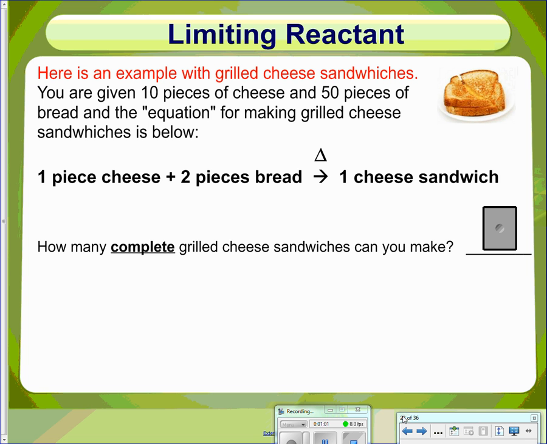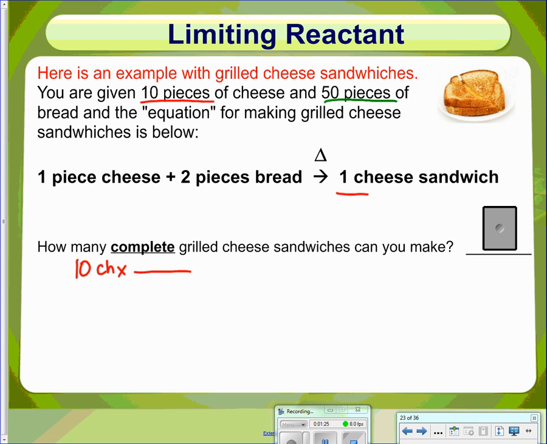Well, in order to figure this out, you have to start with both givens. So the 10 pieces of cheese and the 50 pieces of bread. In my first equation, I'm going to start with the 10 pieces of cheese. What I'm going to figure out is how many grilled cheese sandwiches I can make, which is the product.